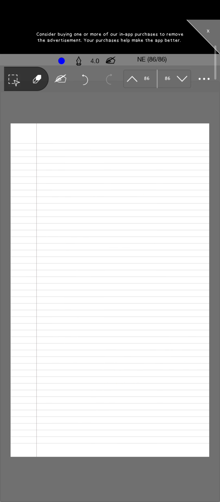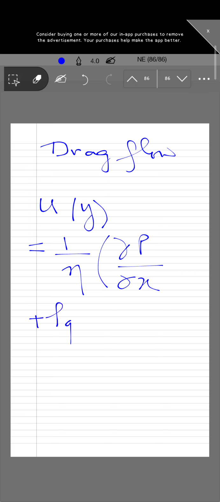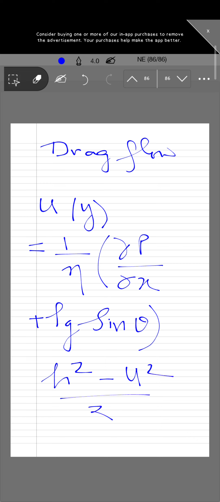And for the drag flow, u(y) is obtained as 1 by eta into rho g sin theta into h squared minus y squared by 2. Theta is the inclination angle of the surface.